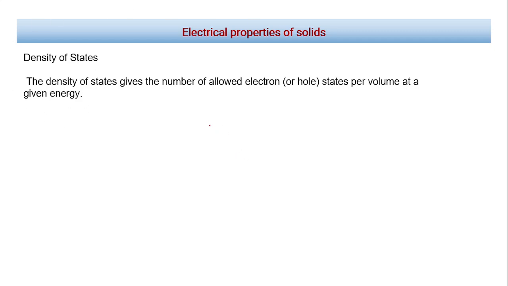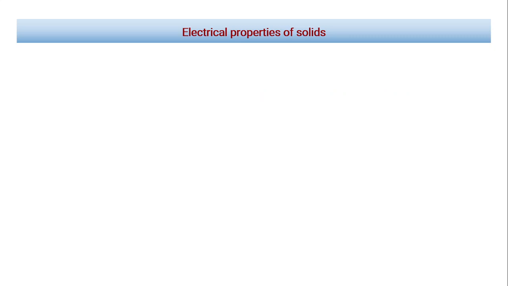For an energy interval, say E plus delta E, in that energy range, the number of allowed electron states per volume per unit energy range is what we mean by density of states.